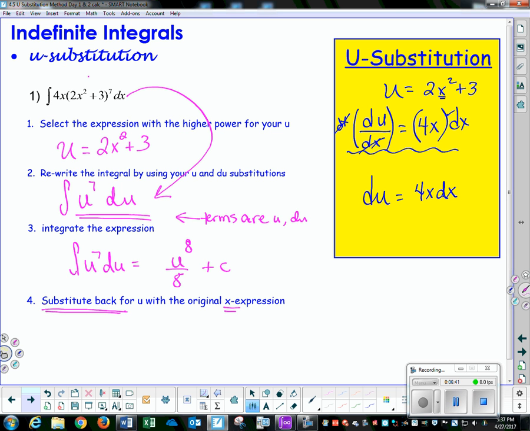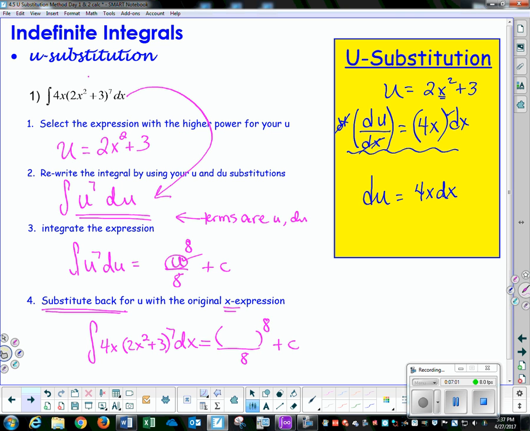So I'm going to take this integral that we started with. Let's go back and rewrite this. I had 4x times 2x squared plus 3 raised to the 7th dx. And I figured out that it is something raised to the 8th power divided by 8 plus c.